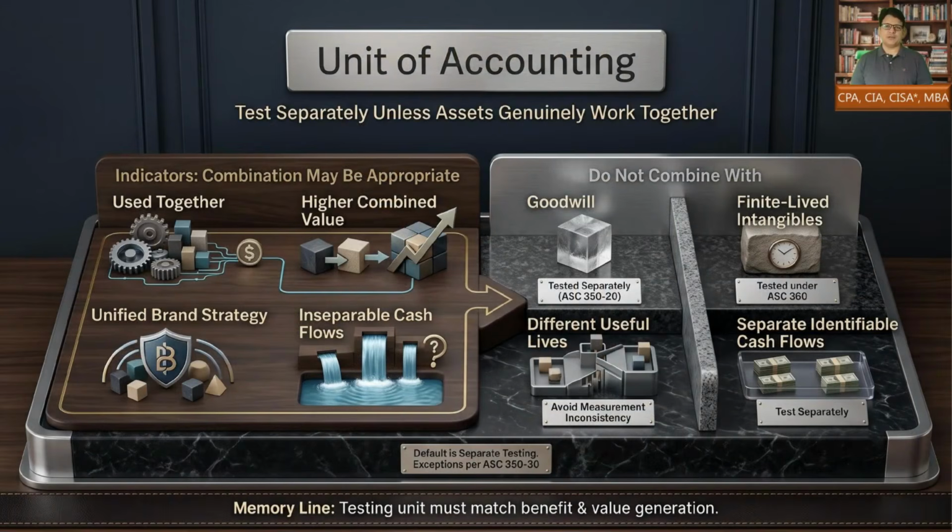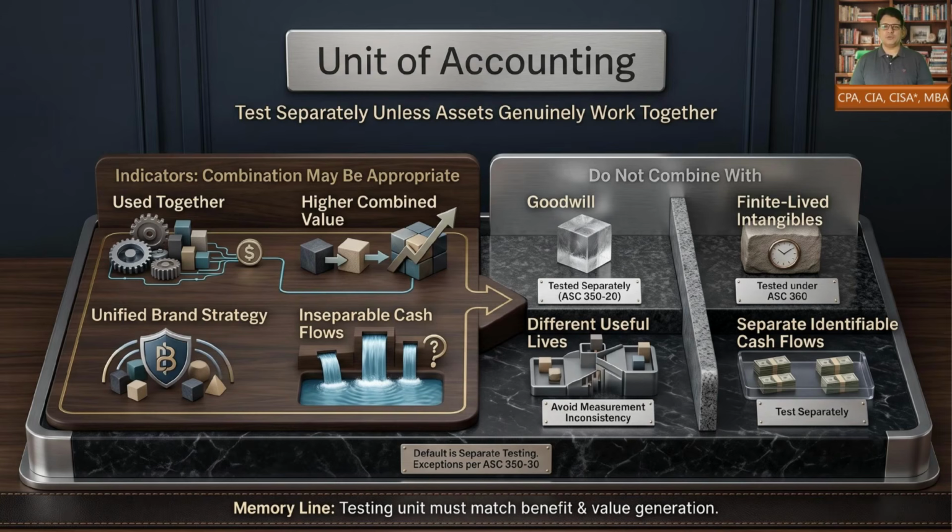Unit of accounting matters for indefinite lived intangible impairment testing. The default is separate testing, but ASC 350 subtopic 30 permits combining multiple indefinite lived intangible assets only in limited circumstances. Combination may be appropriate when assets are used together, create higher value as a group, follow a unified brand strategy, and generate cash flows that cannot reasonably be separated.